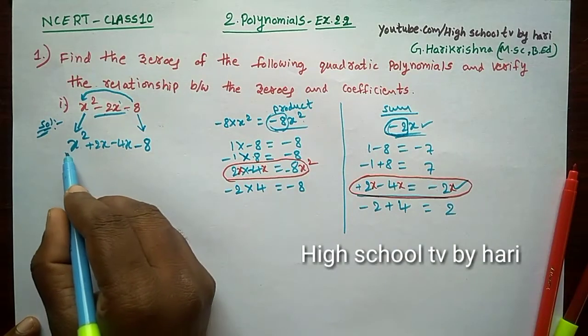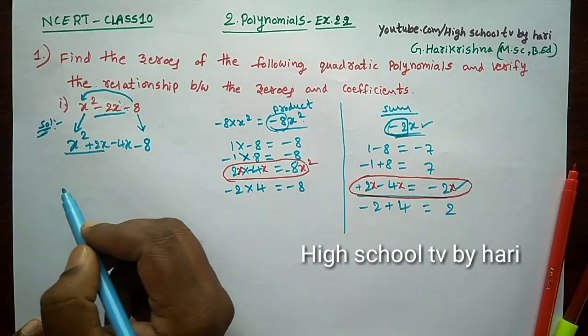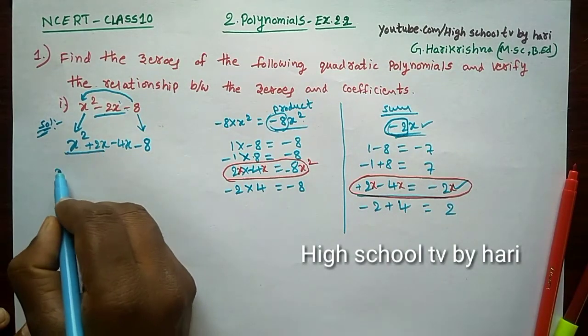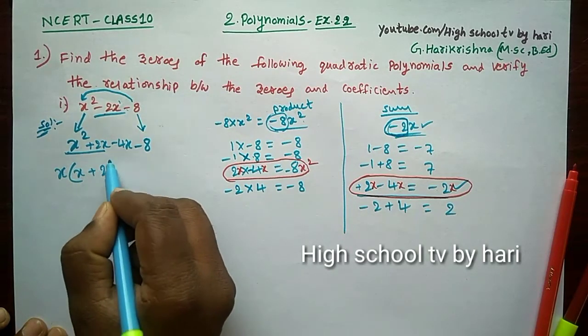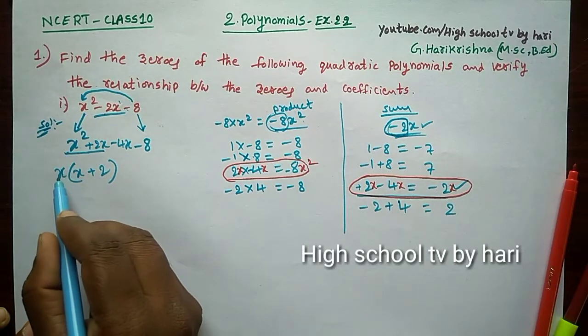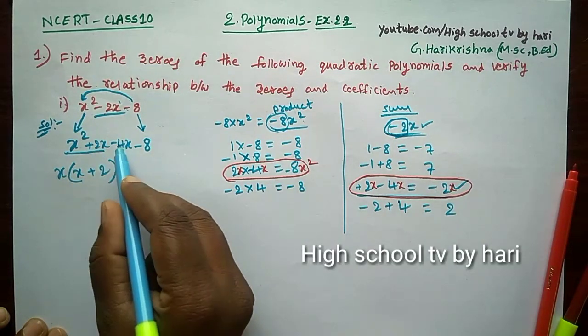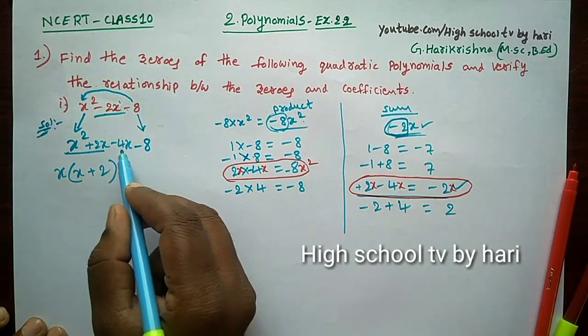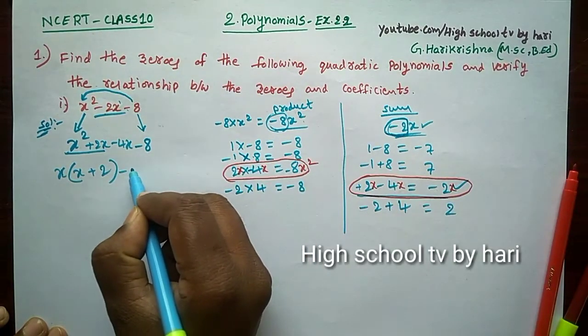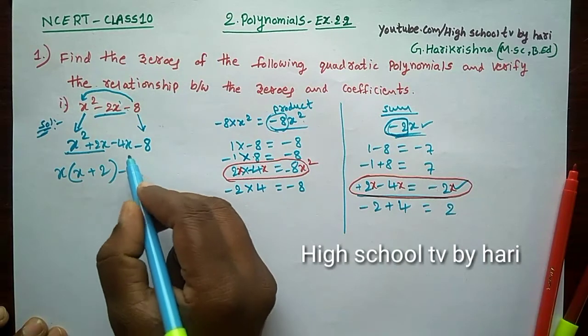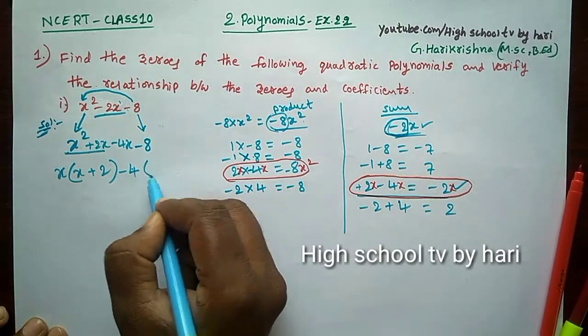Now from these two terms, what is common? x is common, taken outside. Remaining here x plus 2. x into x is x square and x into 2 is 2x. From the next two terms, which have a minus symbol, minus 4x minus 8, minus 4 is the common factor.